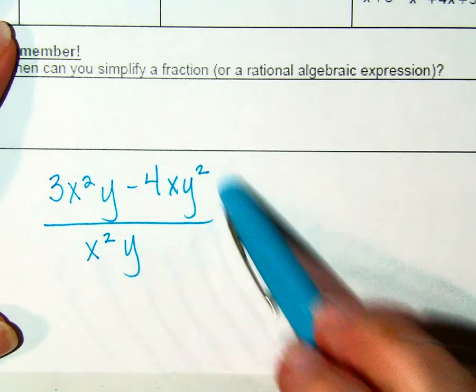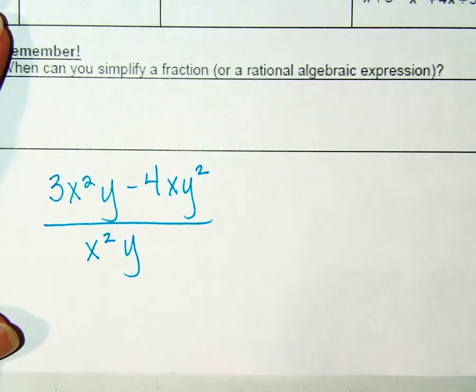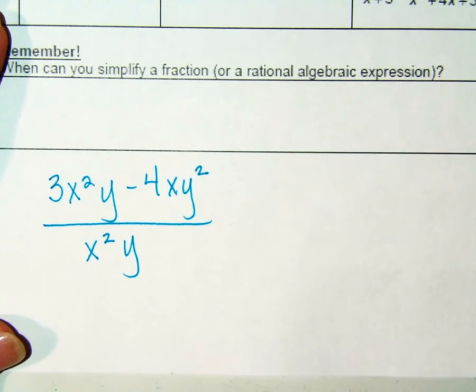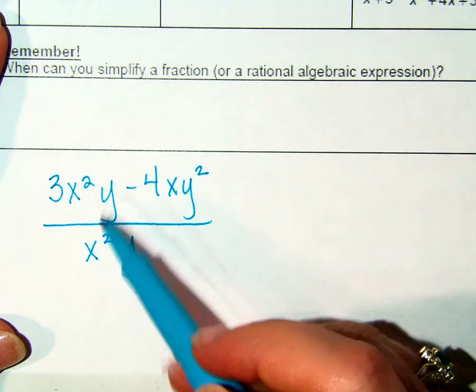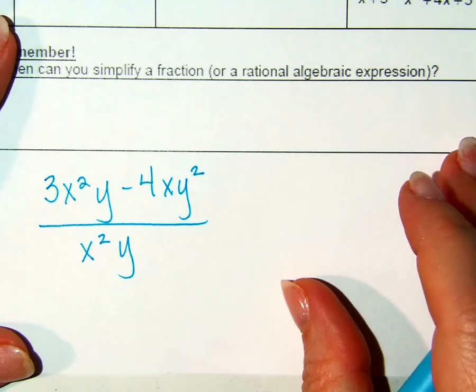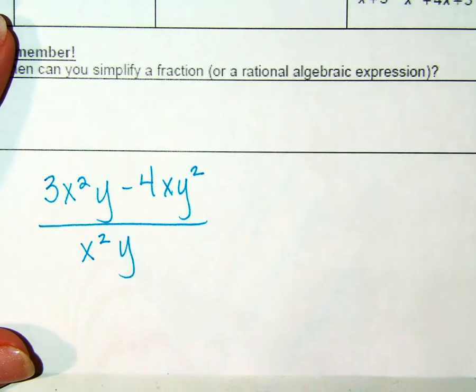The problem with this is that it doesn't look like a multiplication problem. What do you think about that? Yeah, it's not, is it? It's not a multiplication problem. It's just a fraction, and what do you think they want us to do with it? Simplify it. How would we go about simplifying this fraction?